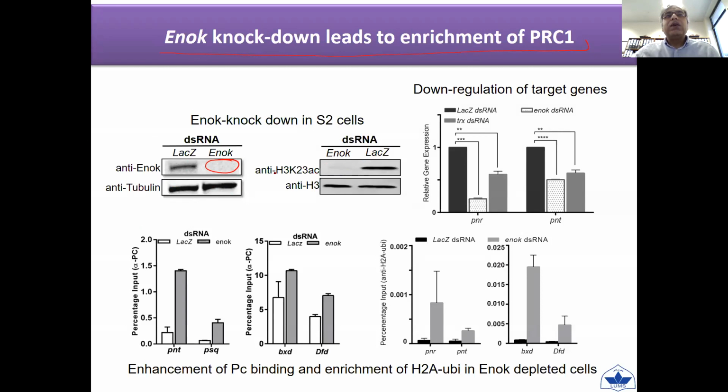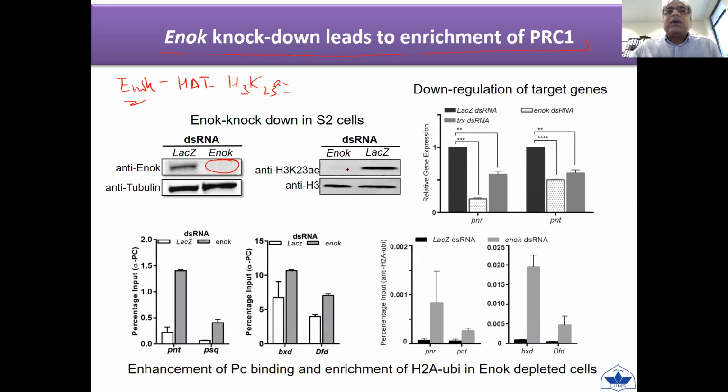Also, I forgot to mention, Enoch is already reported to be a histone acetyltransferase, and it acetylates H3 lysine 23. It was already reported by Jerry Workman's lab.